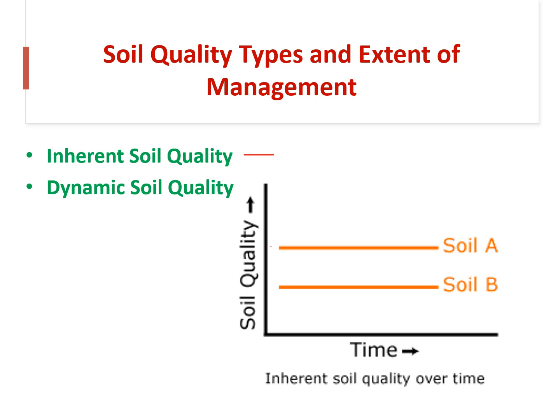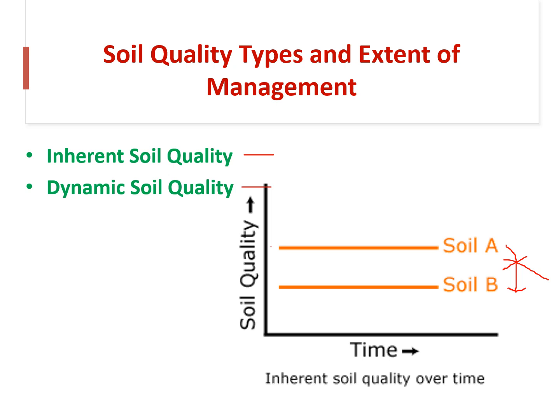We cannot convert soil A to soil B, and neither can we change soil B to soil A. It means there are certain limits within which we can manage the original quality of that soil, and what we can manage is the dynamic soil quality.